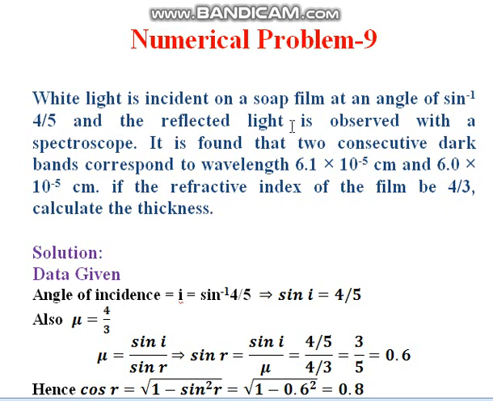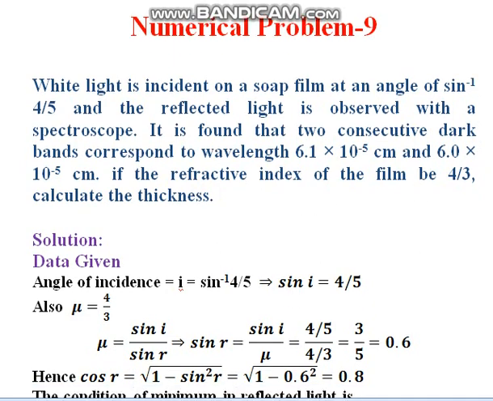The reflected light is observed with a spectroscope, so this is the case of reflected light. It is found that there are two consecutive dark bands corresponding to these two wavelengths. So we have to apply the two conditions, both dark, and then solve. If the refractive index of the film is 4 upon 3, calculate the thickness.